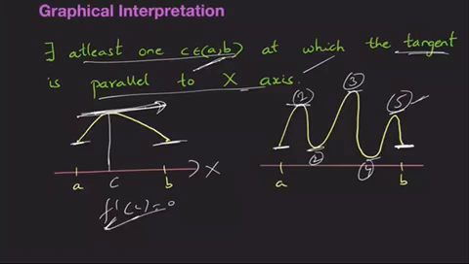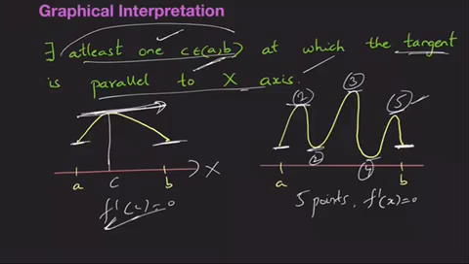There are 5 such points at which the tangent is parallel to the x-axis, or the derivative of the function is 0. Note that Rolle's theorem says there exists at least one point. We can't predict exactly how many points there are at which the derivative is 0, but we can claim that there exists at least one such point.